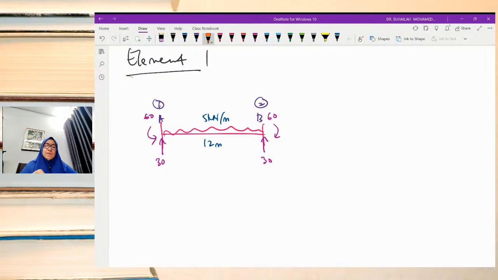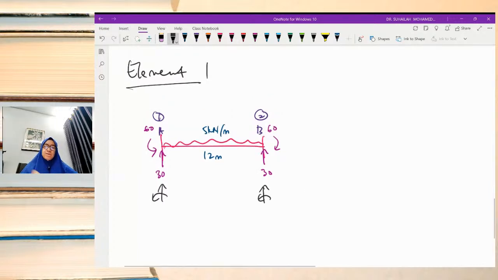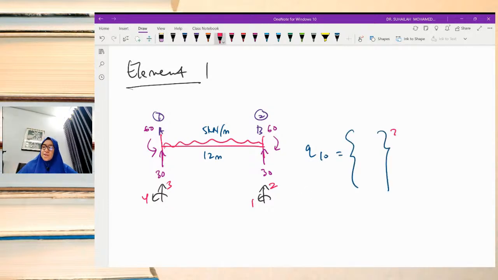The degrees of freedom for nodes 1 and 2 are 3, 4, 2, 1. So we get Q1 node, and the Q1 node positions are 3, 4, 2, 1. Then we have to compare.